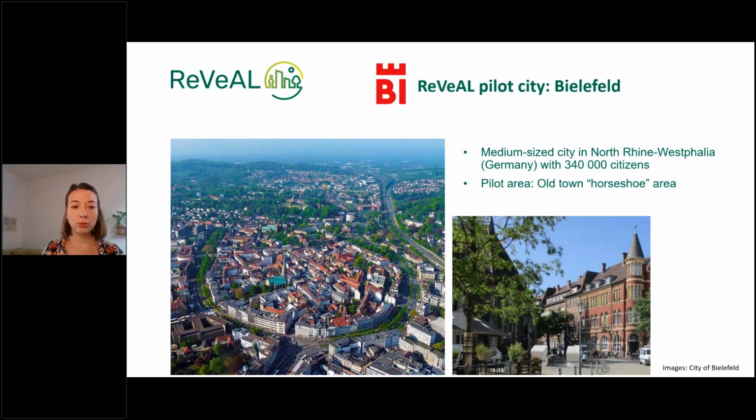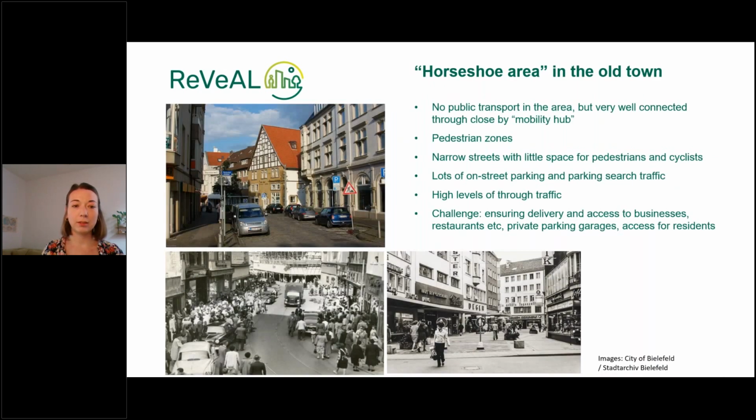This horseshoe area is part of the Old Town, and there's no public transport access in the area, so there's no bus going through the area, but it's very well connected through close by stations, and also what they call the mobility hub with very good connections to the other places.